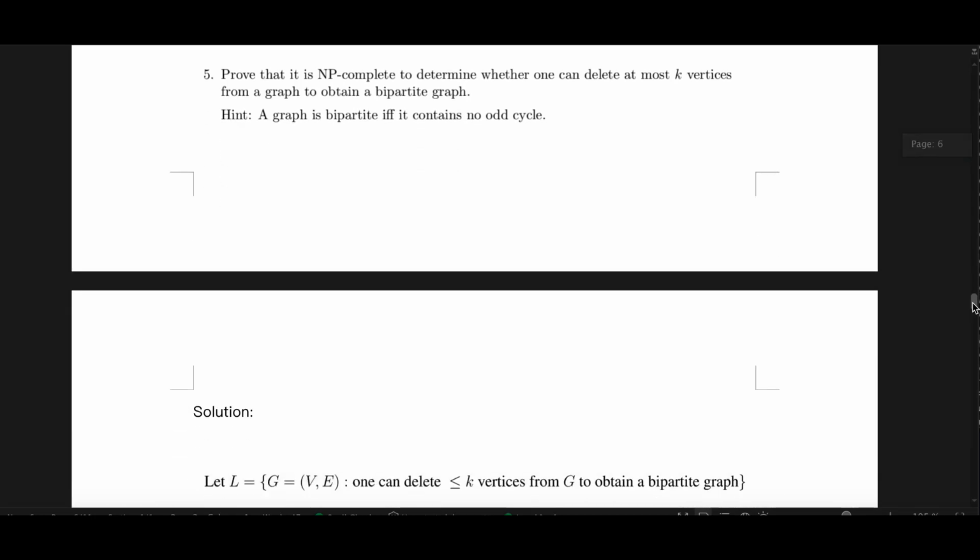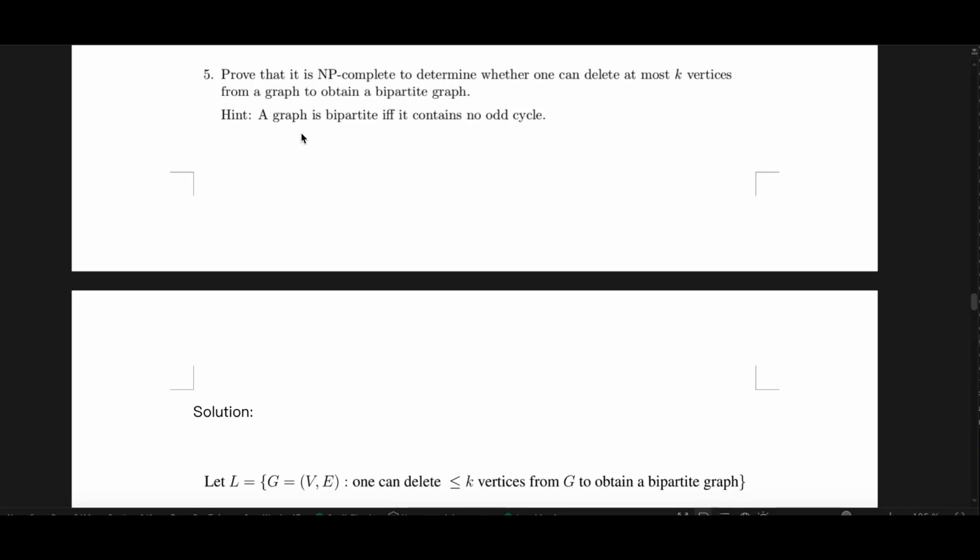Okay, let's look at the fifth question. Prove that it is NP-complete to determine whether one can delete at most k vertices from the graph to obtain a bipartite graph.